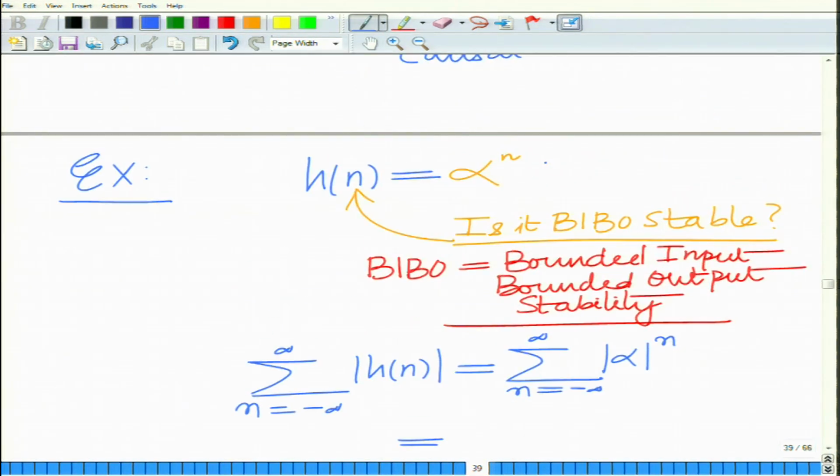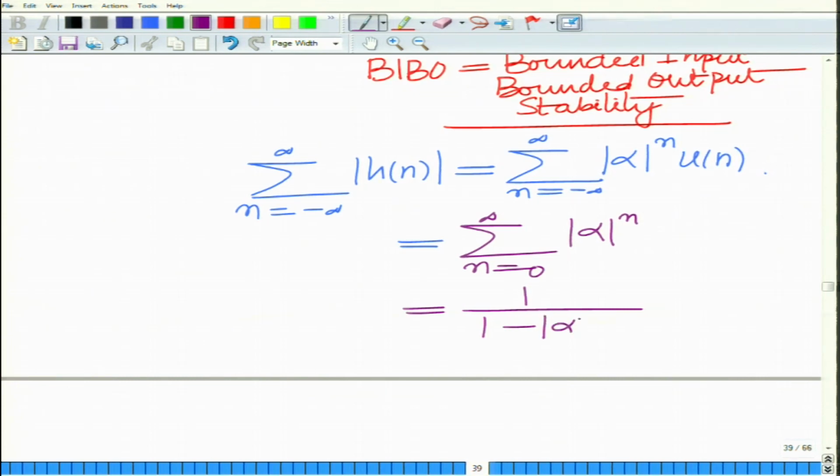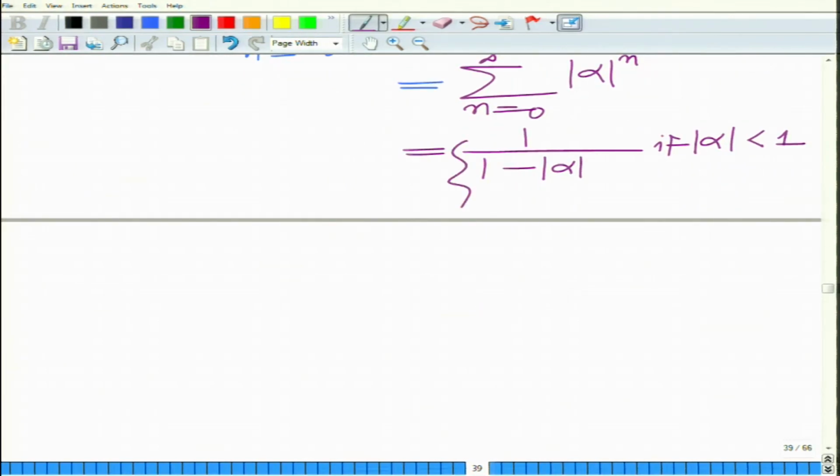I believe we forgot to add u of n, which means this is going to be summation n equal to 0 to infinity magnitude alpha raised to the power of n, which is 1 over 1 minus magnitude alpha, but only if magnitude alpha is less than 1. This sum will diverge to infinity otherwise.